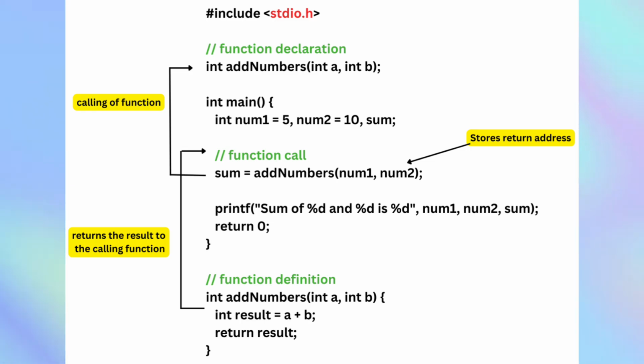The function definition also adds the two numbers, stores the value in another variable and prints the variable, and the value will show on the screen.